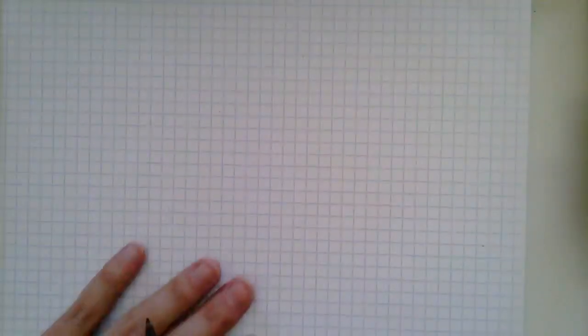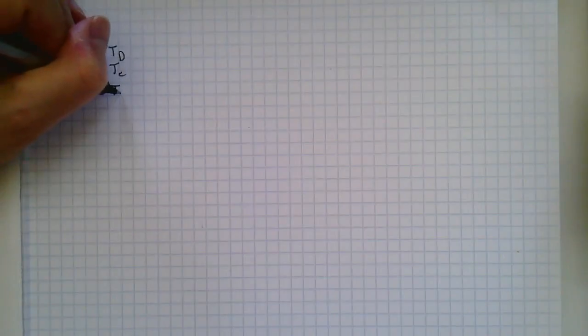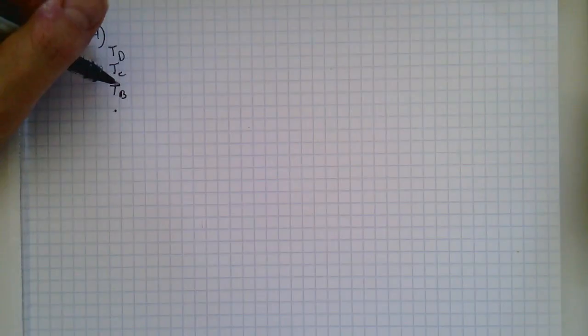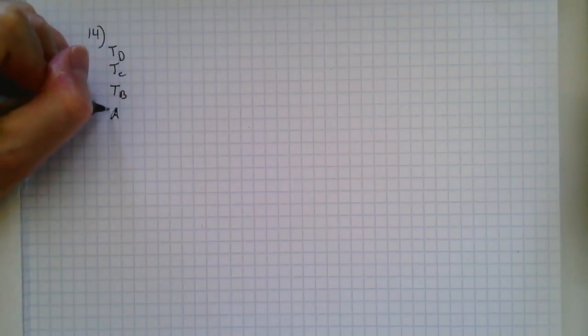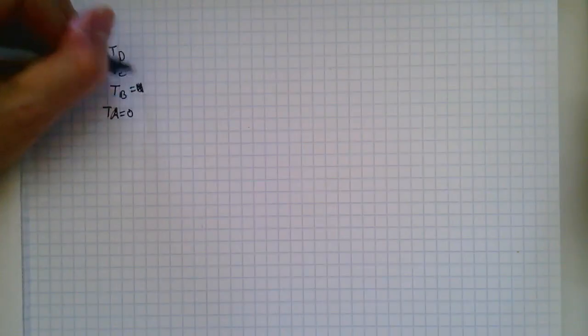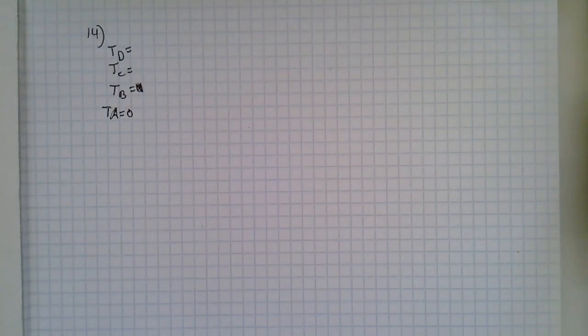Looks like I've got T sub D, T sub C, T sub B, well there's a T sub A, but T sub A is equal to 0, so it's trivial. Oops, T sub B is not equal to 0. And so then what you've got to do is write out the equations for T sub D.